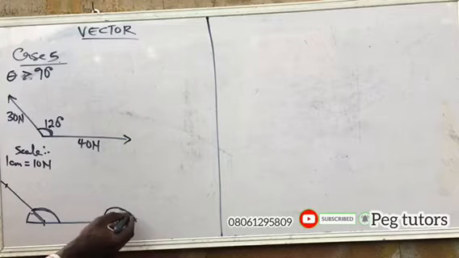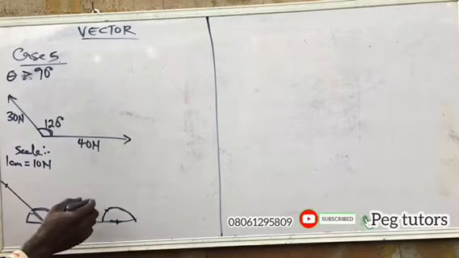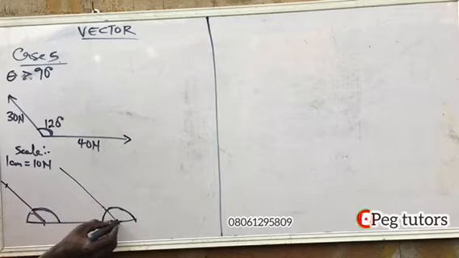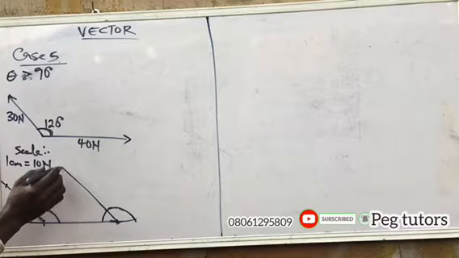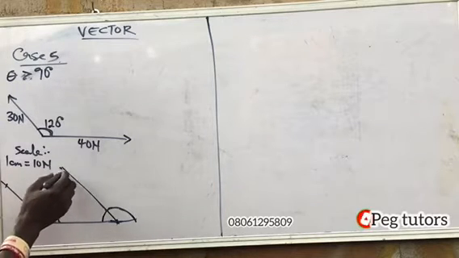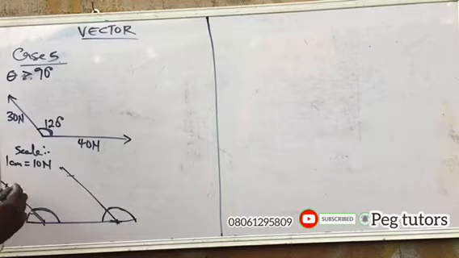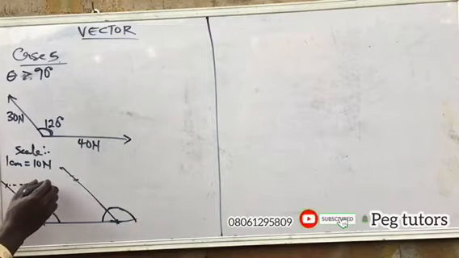From here, count your 0 and somewhere around here is your 120 degrees again. Rule a line there as well to join these together like this. Then on this line you have ruled out, mark out your 3 centimeters. Do not forget to mark out your 3 centimeters at that point, and then join this to this.